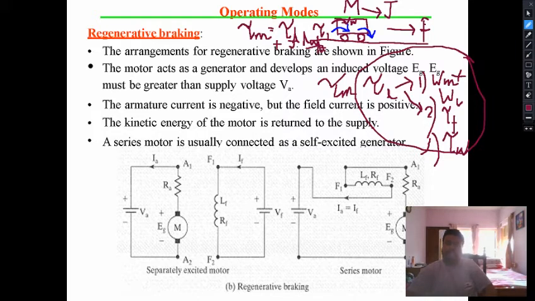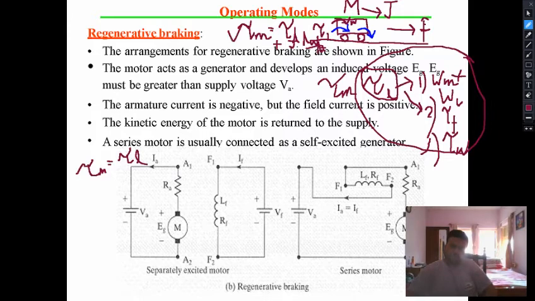And all these opposing torques are collectively called tau L or load torque. So if tau m is equal to tau L, at that point what will happen?